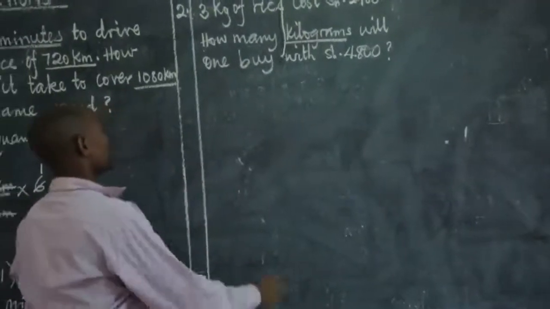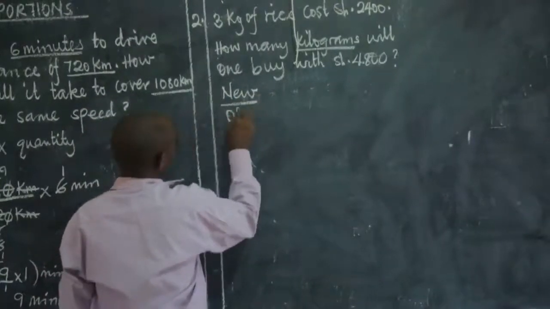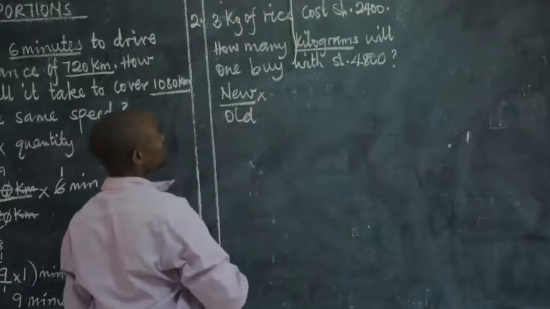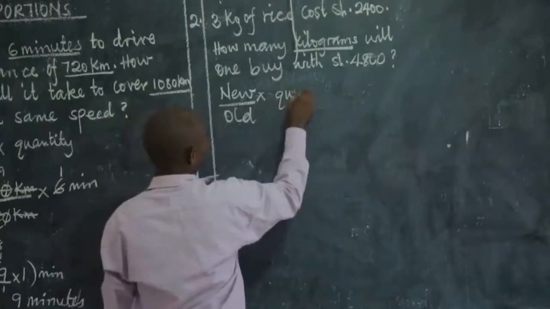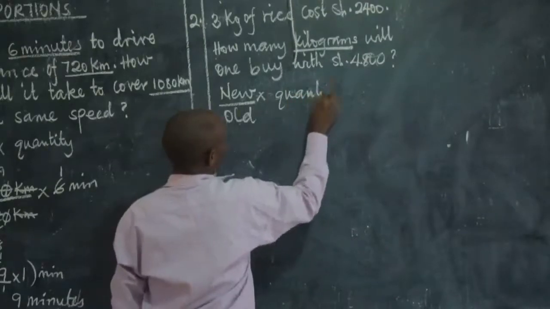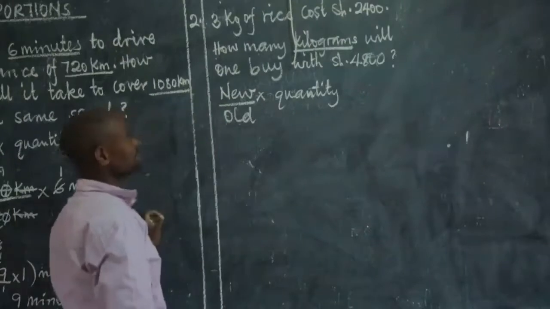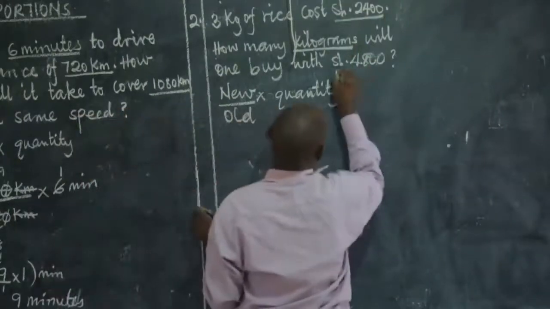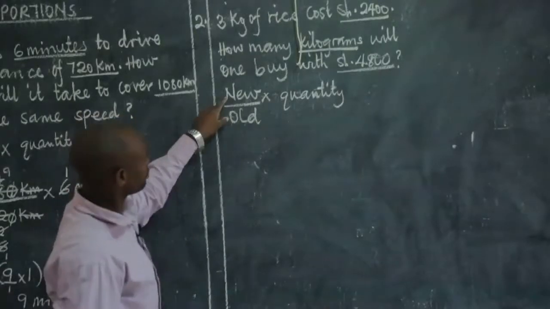4,800 shillings? So we are saying new out of old, now times. What are we looking for? Kilograms. So times quantity. So which one has been given twice? Shillings. So which one becomes the new amount of money?